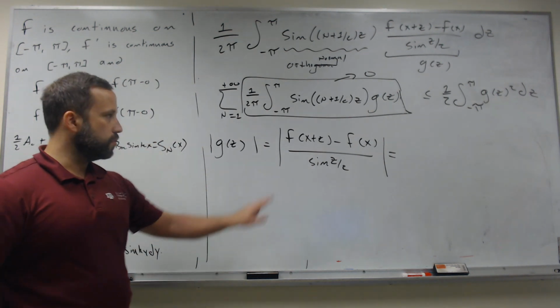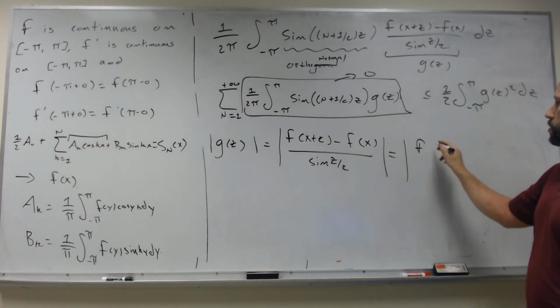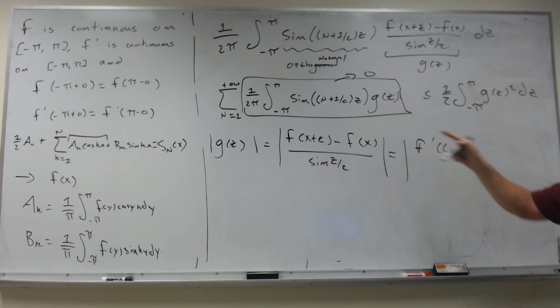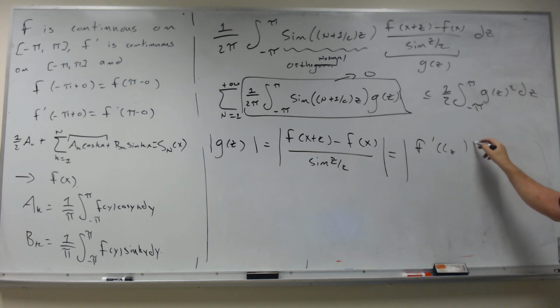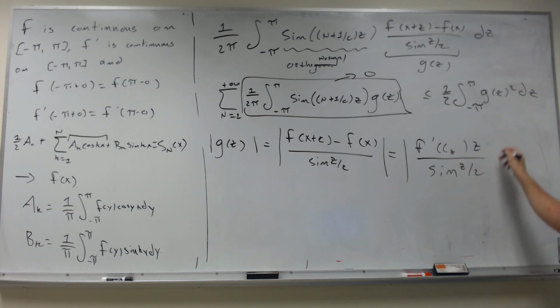Now, by the mean value theorem, this is equal to f prime of c sub z, for some c sub z in between x and x plus z, times z, and then divided by sine of z over 2. Again, this is the mean value theorem.